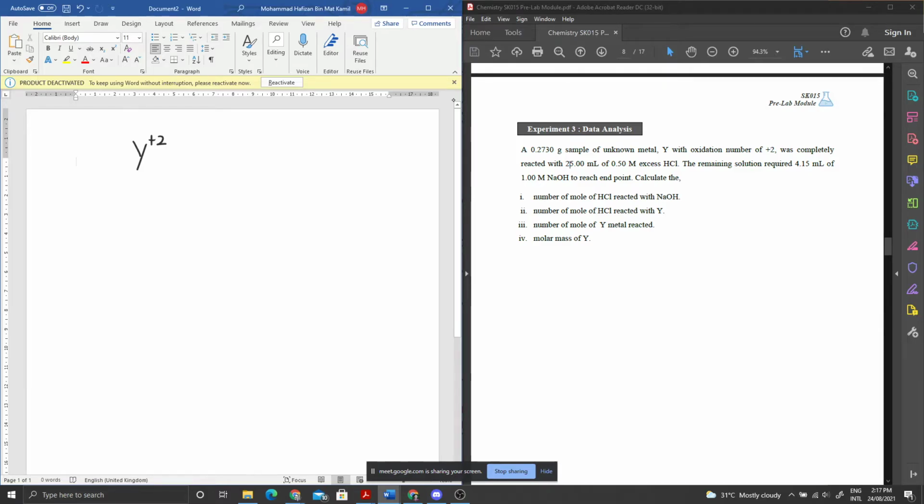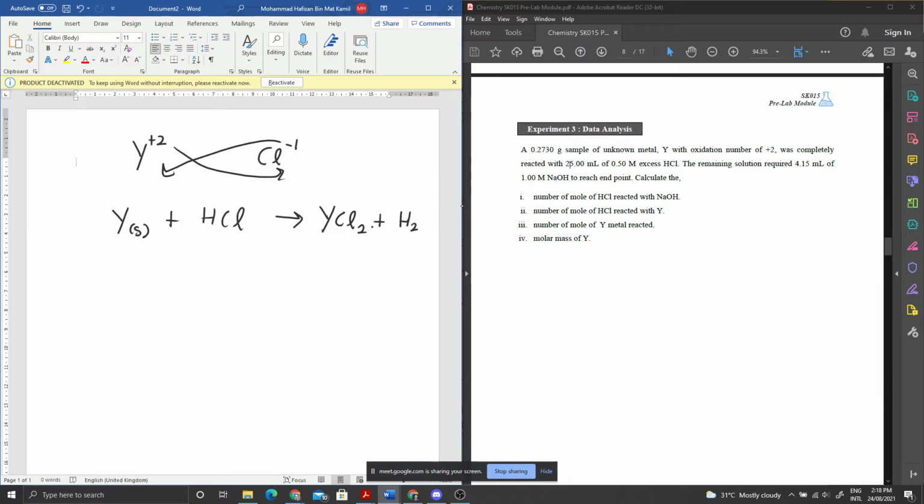So kalau Y solid react with HCl, if you remember, Cl dia punya oxidation is minus 1, sebab dia adalah group 17. Kita akan belajar on chapter 3. So it will produce YCl2 and also hydrogen gas.